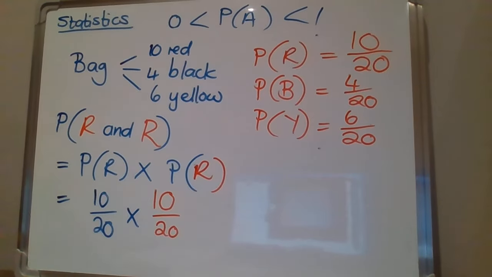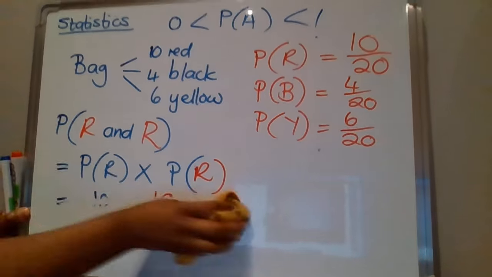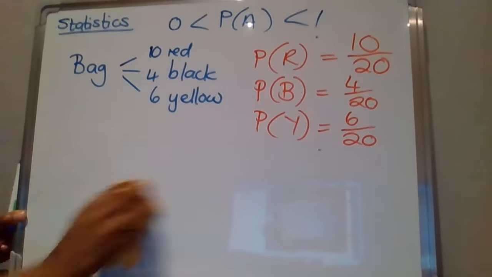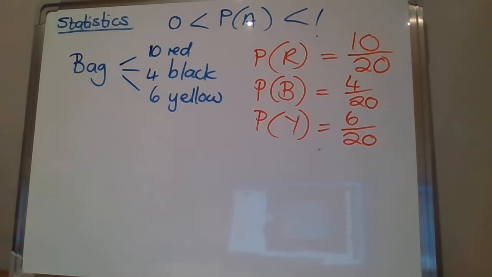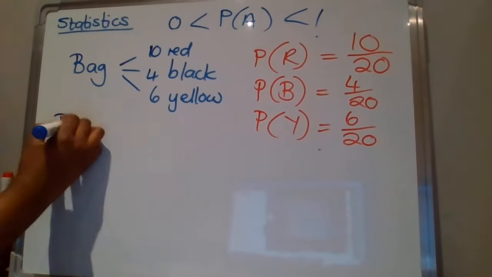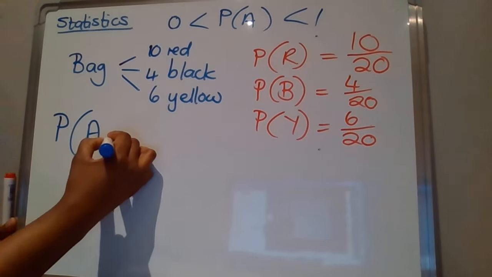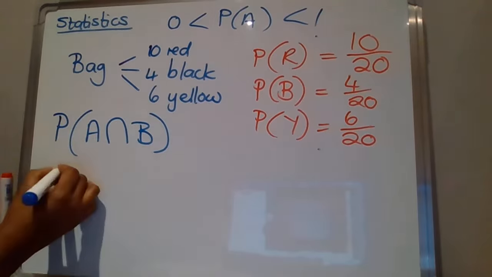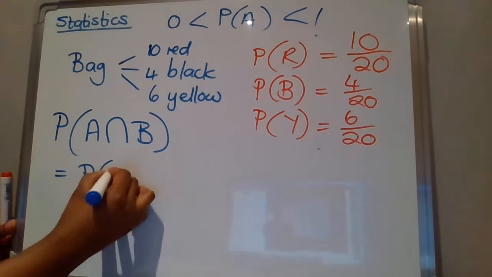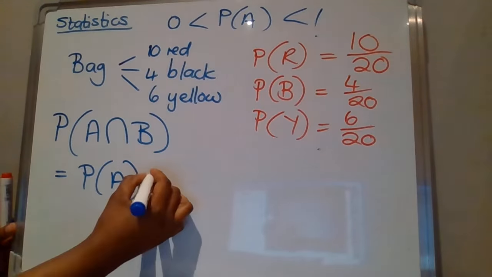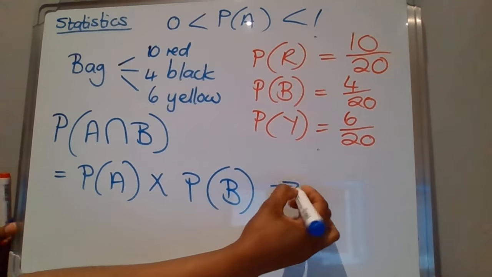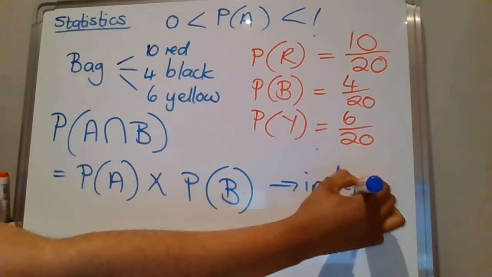So when you're talking about dependent and independent events, we write them like this. The probability of A and B occurring is equals to the probability of A multiplied by the probability of B. So this is if it's independent.